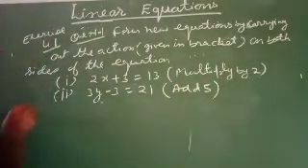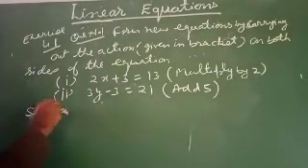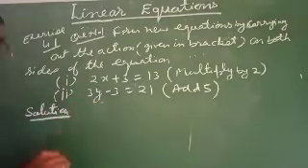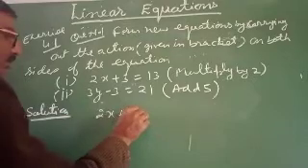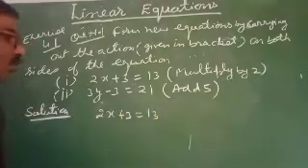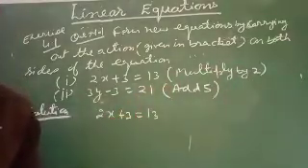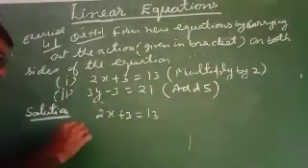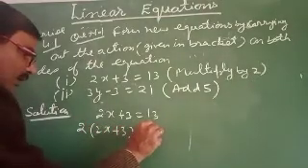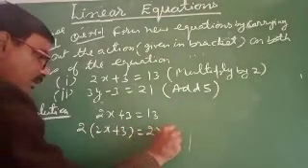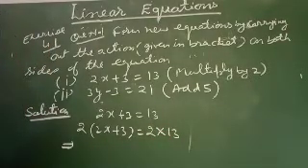So the given equation is 2x plus 3 equals 13. We have to multiply by 2 on both sides. Then 2 times (2x plus 3) equals 2 times 13.